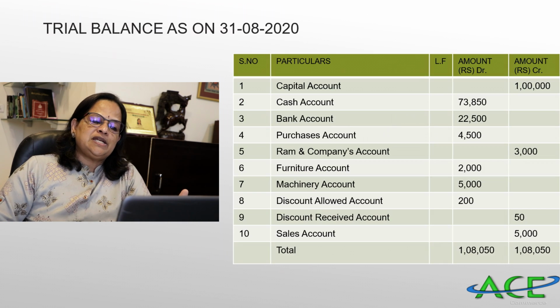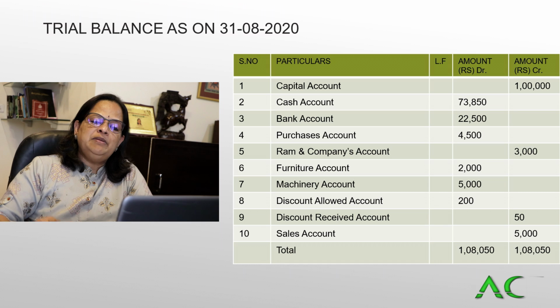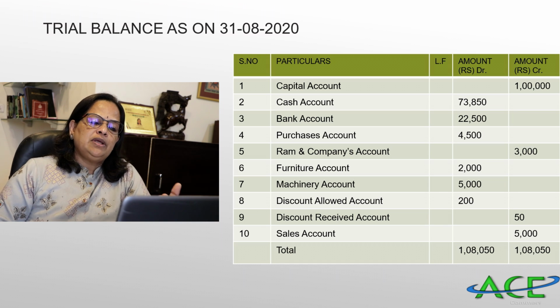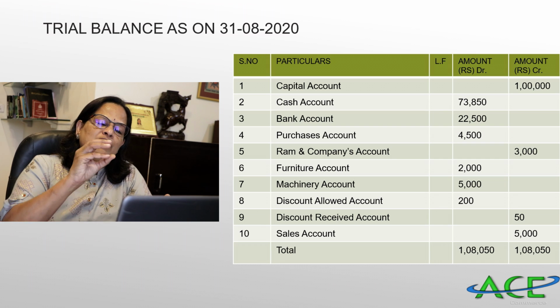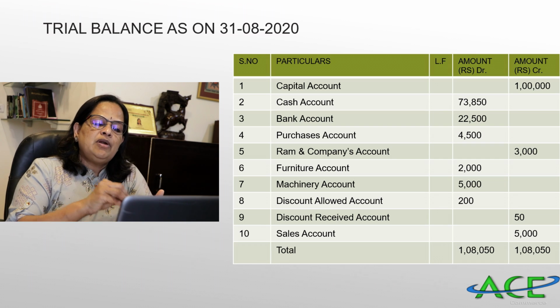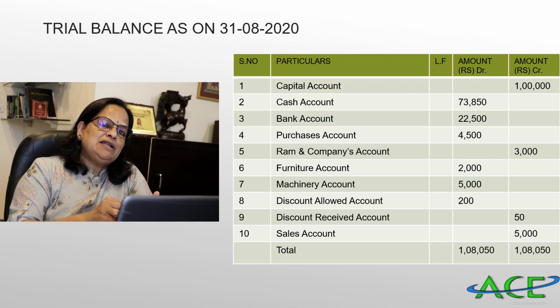Now we are writing the trial balance. Capital account, credit balance 1 lakh. Cash account, debit balance 73,850. Remember that we got the debit balance for the bank account and cash account. So I told you there itself, this will go to the debit side of the trial balance.